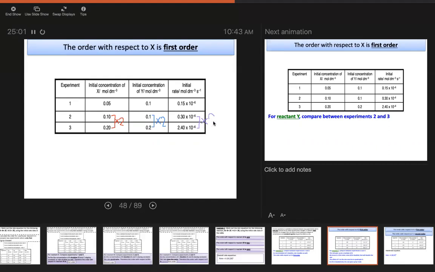8 times. Now remember this effect of times 8 is contributed both by X and Y. We already know that X is first order, right? Yes. So out of 8, a times 2 is due to the effect of X, and then you have a remaining times 4, correct?